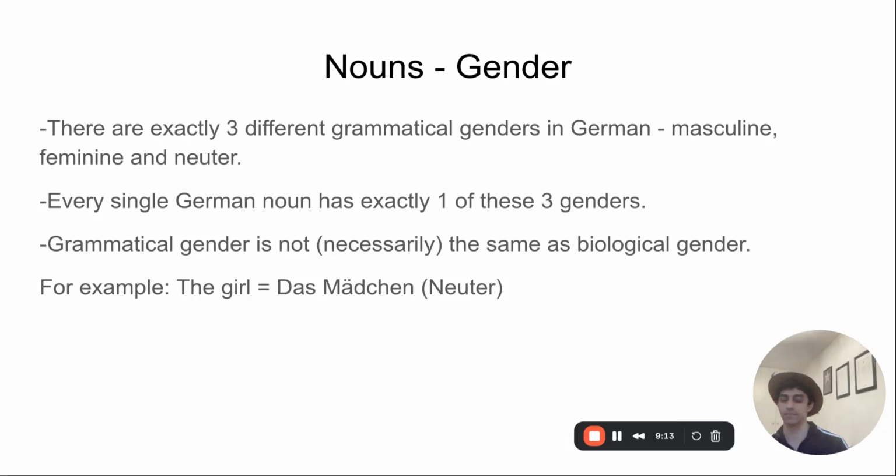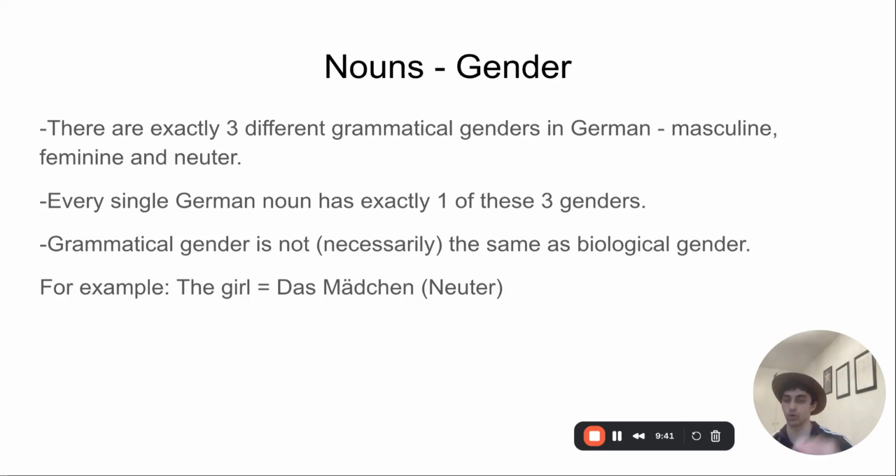And the words in front of that noun, adjectives, the articles, the word for the, or an, and so on, they will go into different forms, which are often dictated or partly dictated by that noun's gender, and whether that noun is masculine, feminine, or neuter. So that's why it is so important to know what gender a specific noun is in German. And there are definitely patterns or shortcuts, which, by the way, are often overlooked.